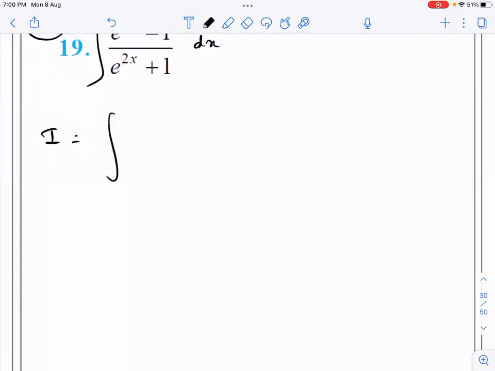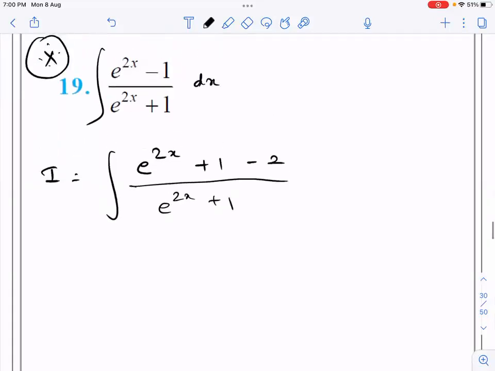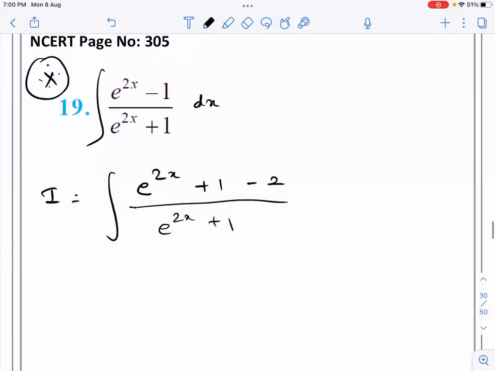So I is equal to integral of e power 2x. You want to add a 1, subtract a 1. If you subtract a 1, you will get minus 2 divided by e power 2x plus 1. Is that right? I added a 1.